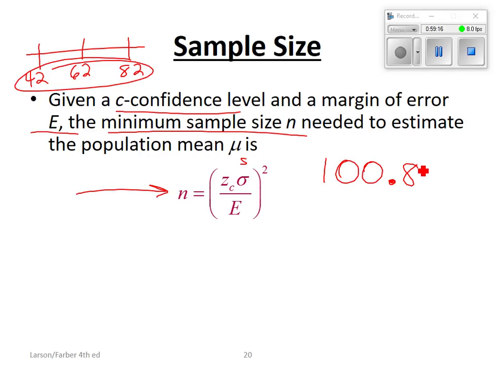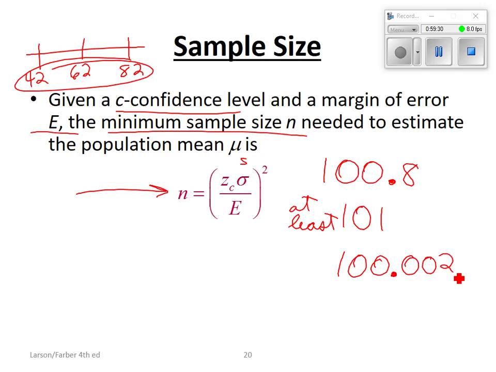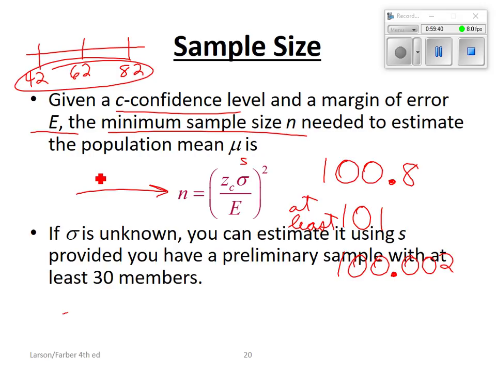We're not going to find 0.8 of a person. So what are we probably going to change that to? We need at least 101. Even if it's this, what are we still going to round that to? Still 101. You still round it up. Go up to that next one. So round up.